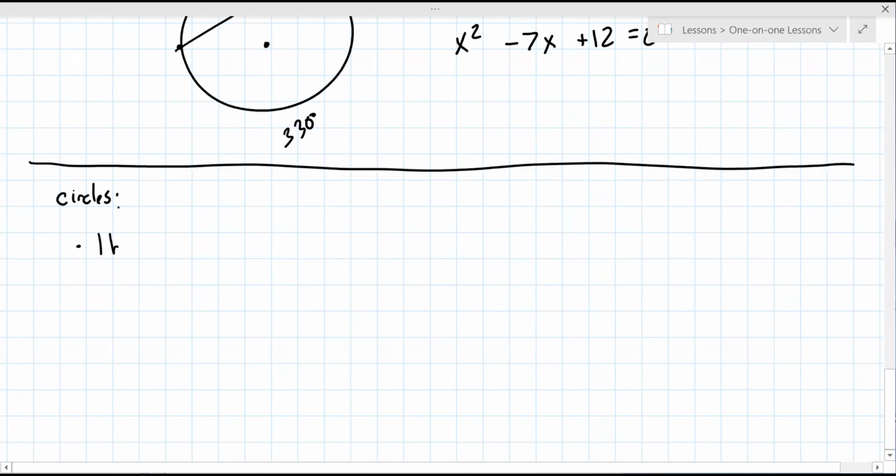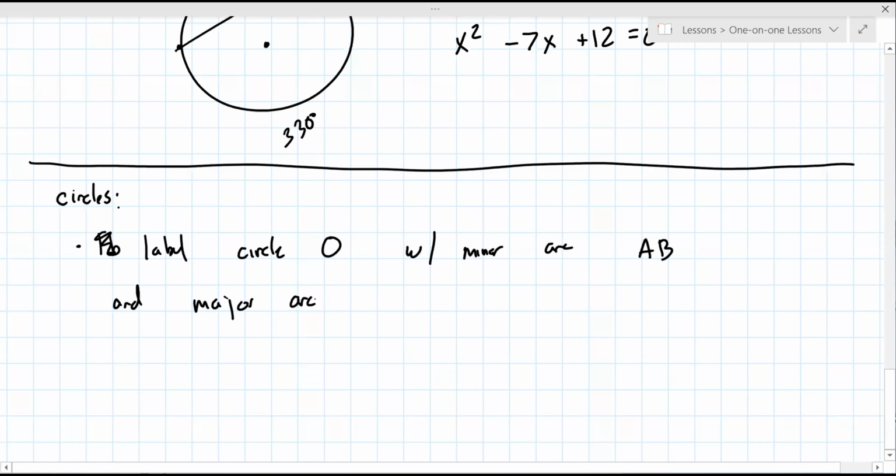This format doesn't work great for what I'm about to do, but label circle O with minor arc AB and major arc ACB. Okay. Do I have something circular?